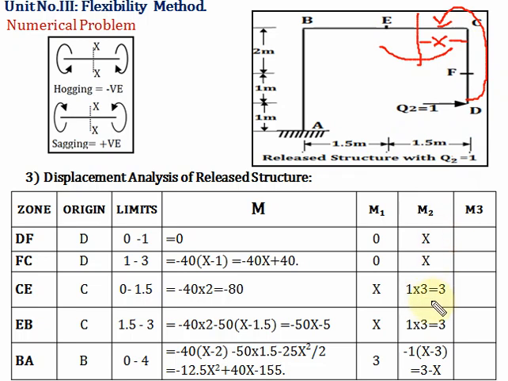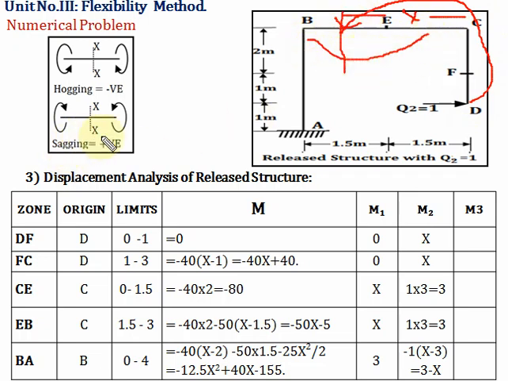Plus sign because the bending moment is sagging. Next we take the section in portion EB, measuring x from point C. Again this force will act like this. The nature is sagging, so plus, 1 is the intensity of force multiplied by the distance 3, so 1 into 3 is 3.